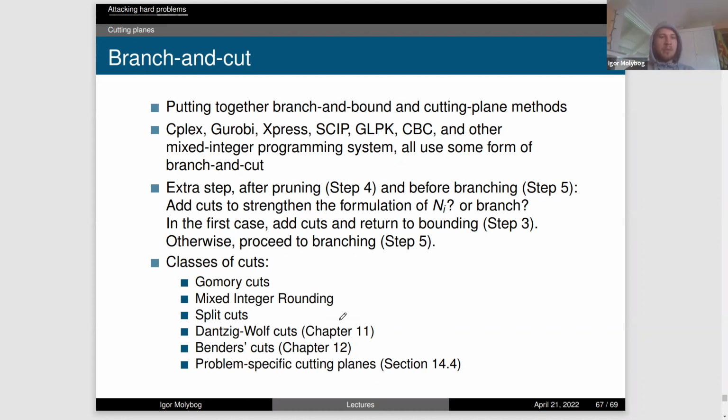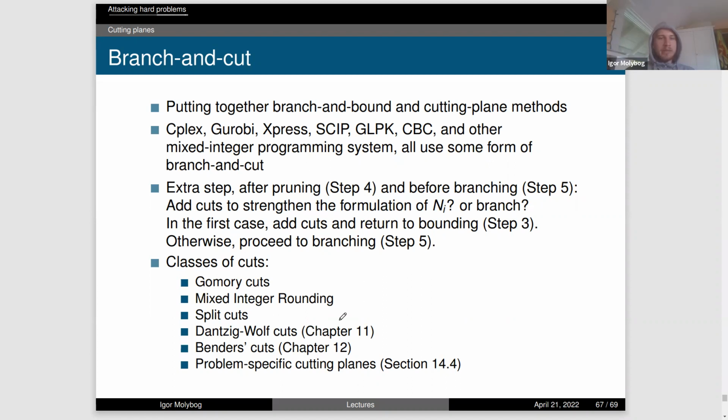And there is a much bigger variety of different classes of cuts that you can use in your algorithms. We have seen the Gomory cuts, which were for integer programming problems.